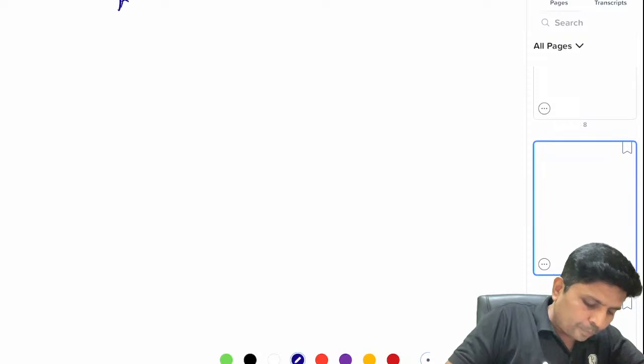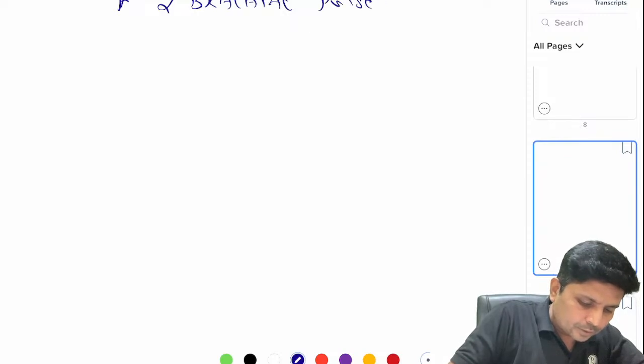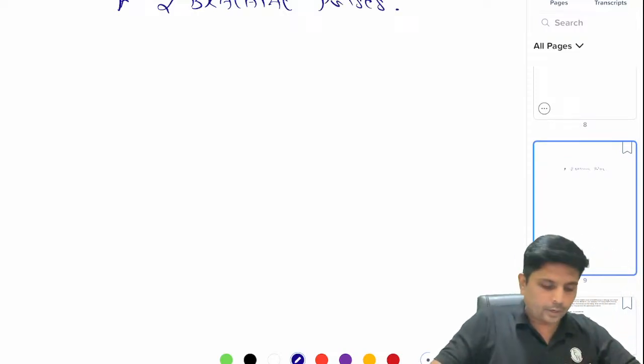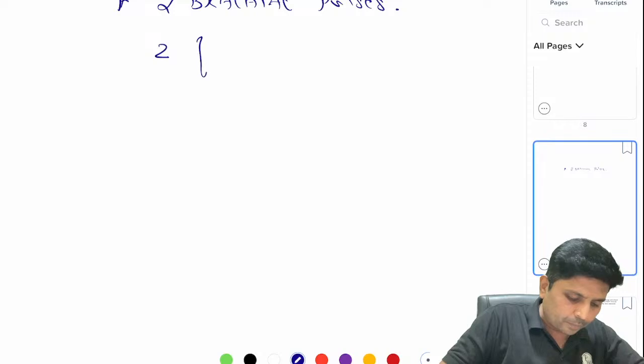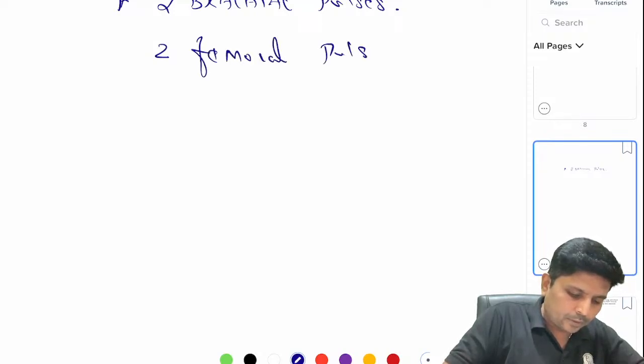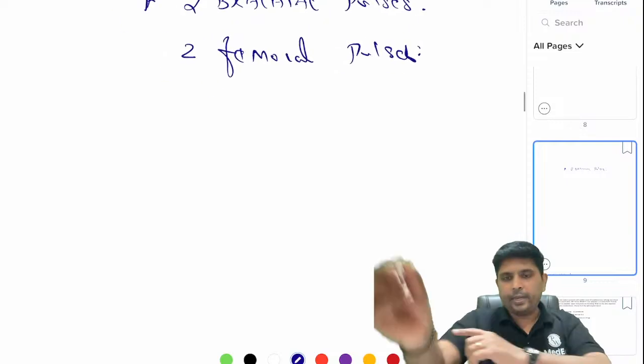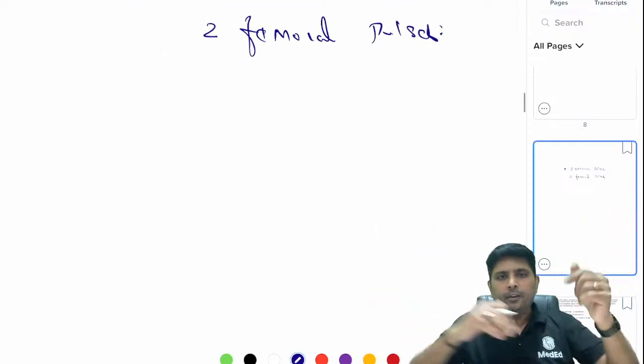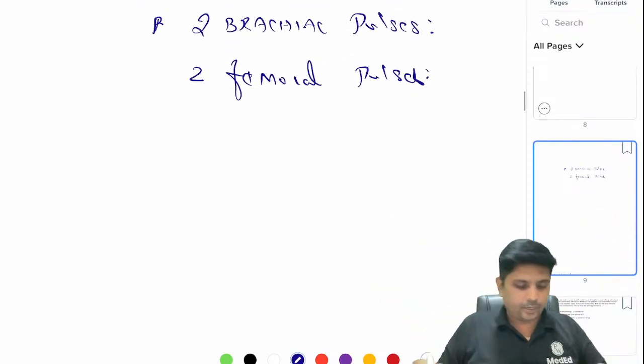You have two brachial pulses, which you palpate here, and two femoral pulses over the femoral area.